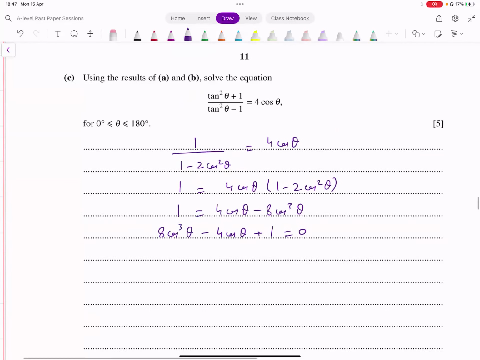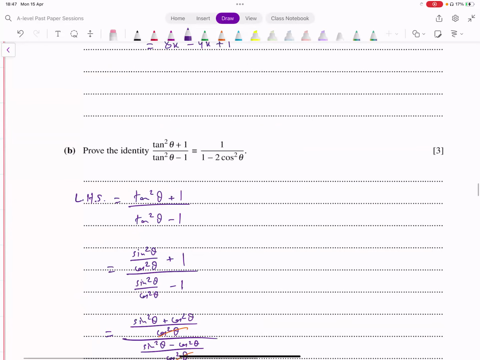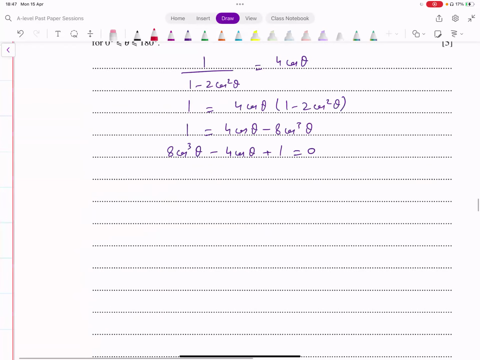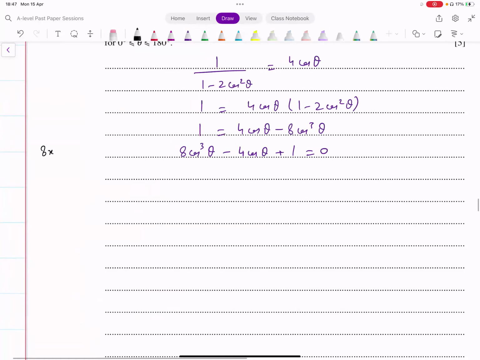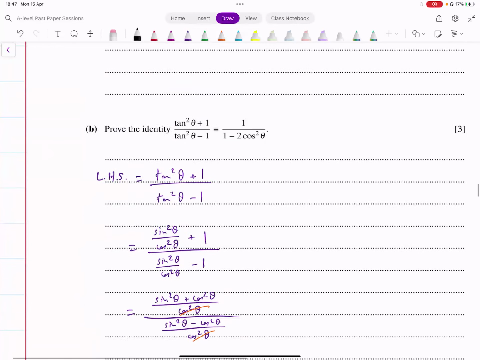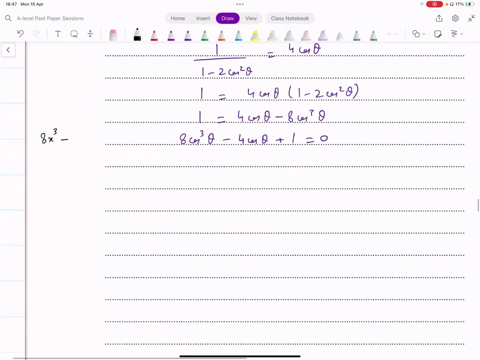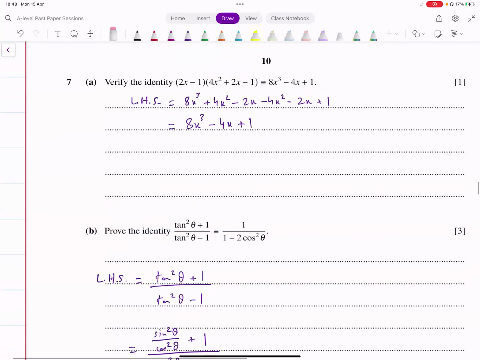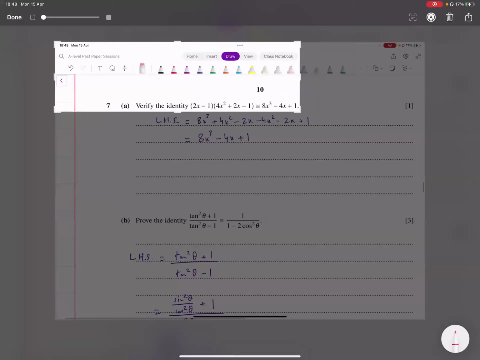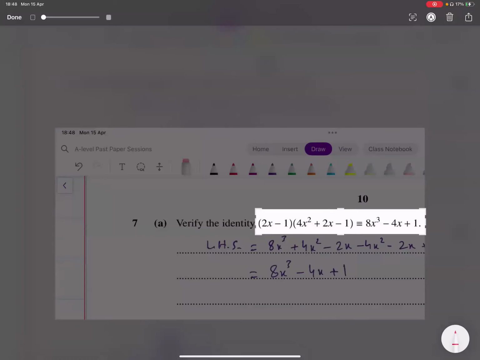This is where the first part comes in. In the first part, you had this 8x cubed minus 4x plus 1. You can see we've got exactly the same thing here. Instead of x, you have cos theta. It's exactly that form. We proved in the first part that 8x cubed minus 4x plus 1 can be written in factorized form like this.